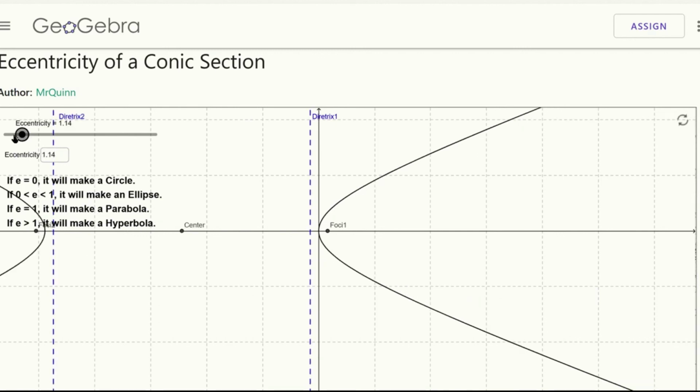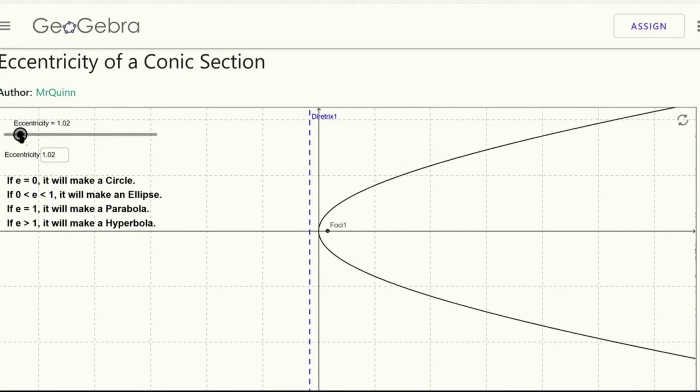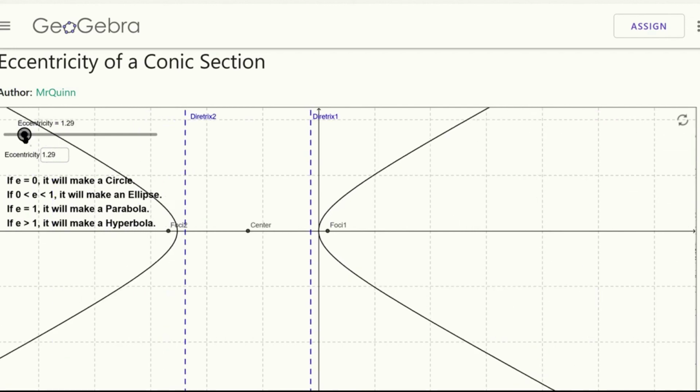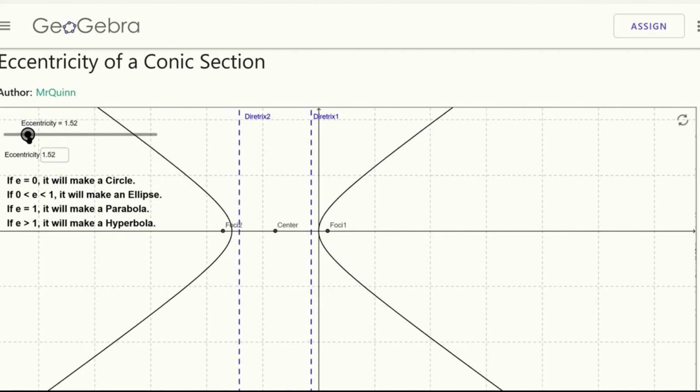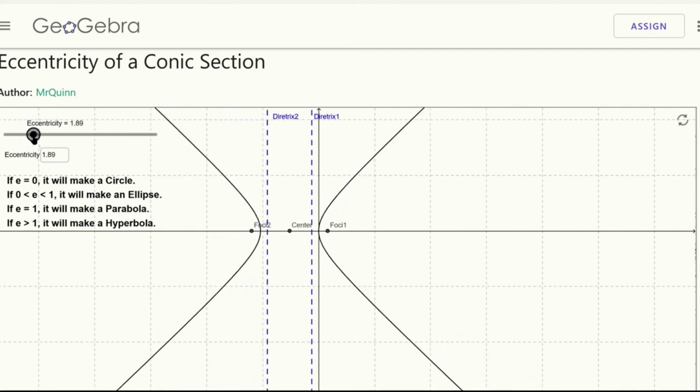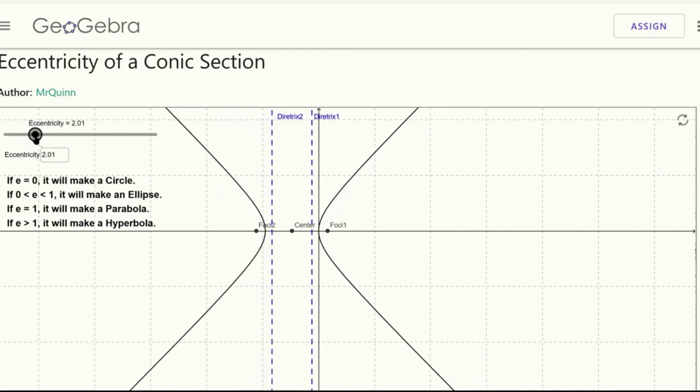See? There we are. Very, very nicely done. All right, so there's a nice animation showing us the concept of eccentricity of a conic section.